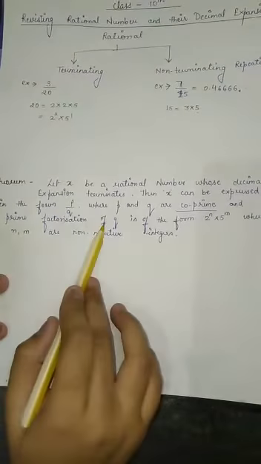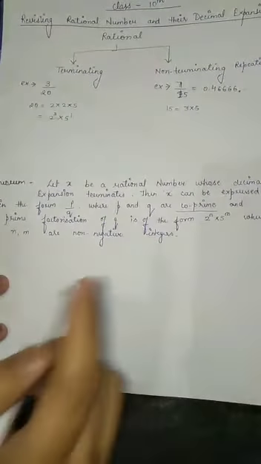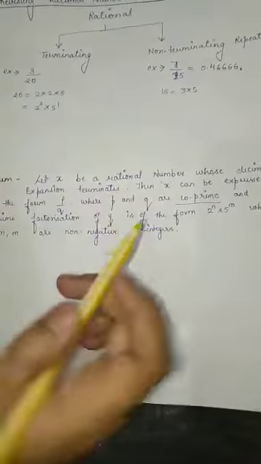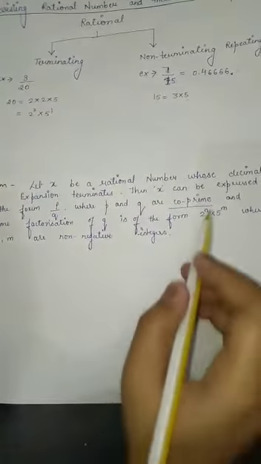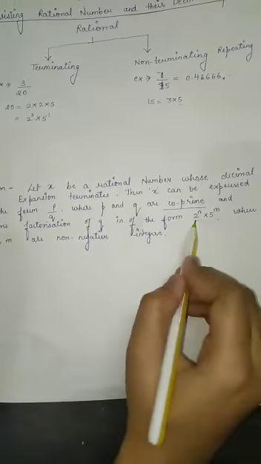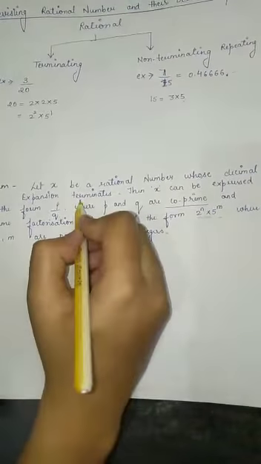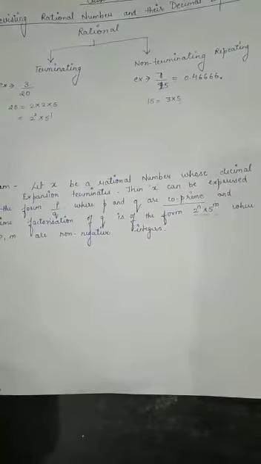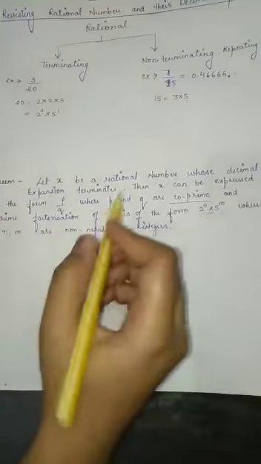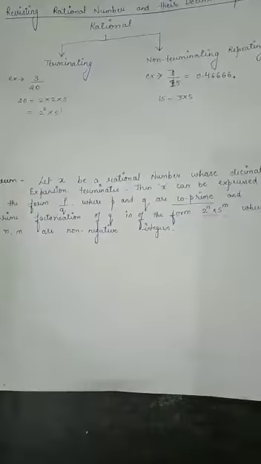And the prime factorization of q, the denominator: we can factorize the denominator, and if the form is 2 to the power m into 5 to the power n, it becomes a terminating expansion. So the denominator will always be in this form, and then it is called a terminating term.